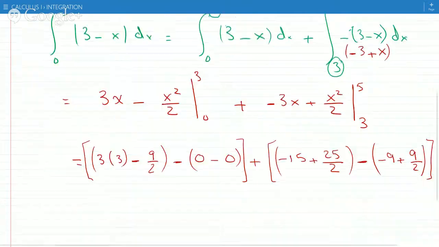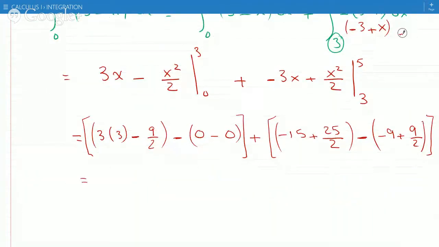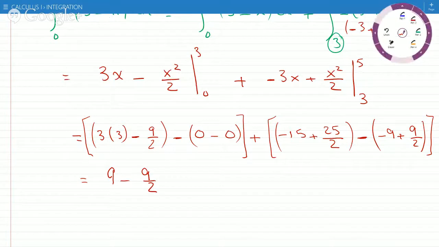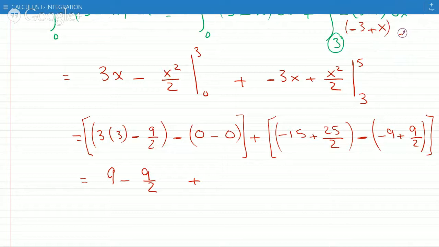And now we just figure out what this is. So the first part is 9 minus 9 over 2, plus 25 over 2 minus 15, which is the same as minus 30 over 2, so that's minus 5 over 2, and then 9 over 2 minus 9 is minus 9 over 2, but there's this minus sign here, so this is plus 9 over 2.